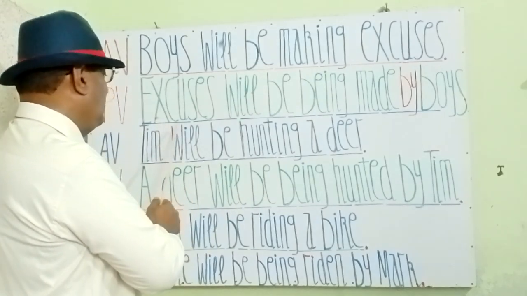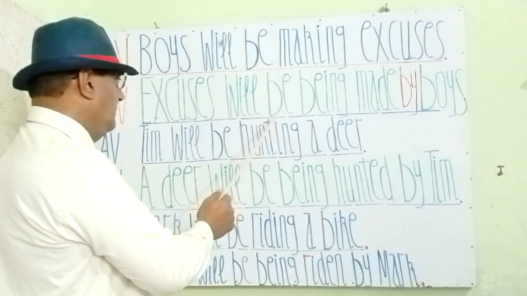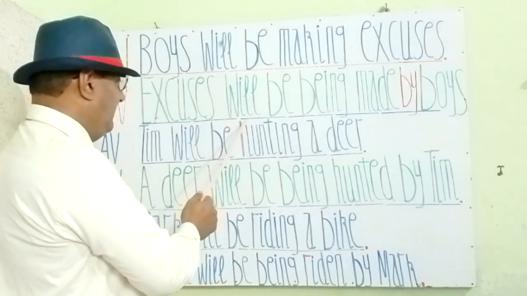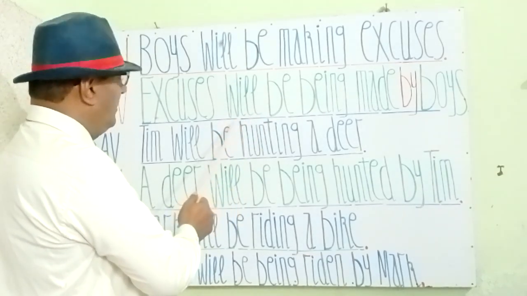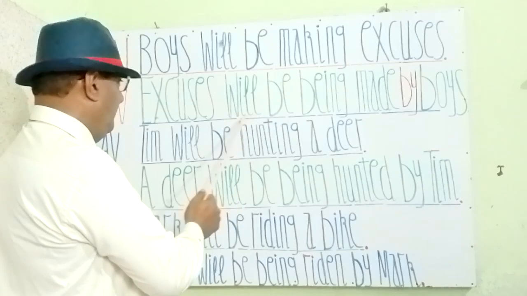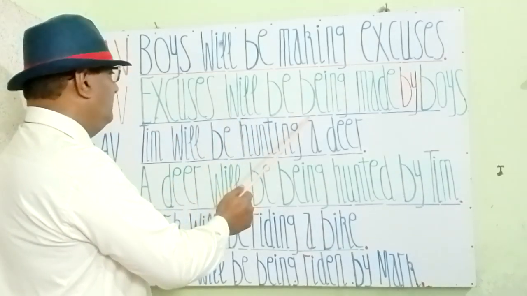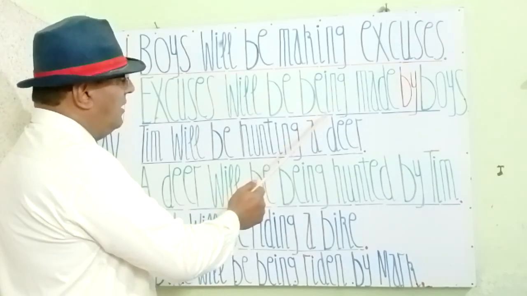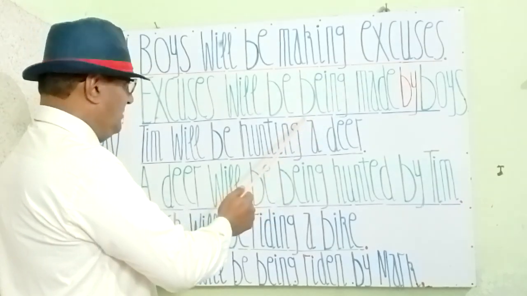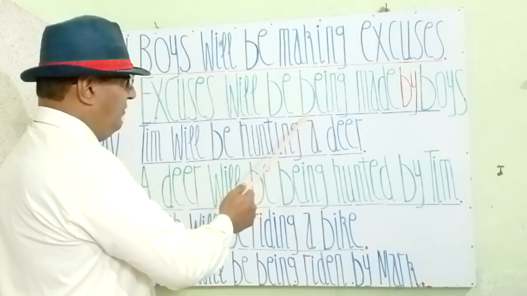So excuses, then as per the tense, we will add will be for the future continuous tense. Excuses will be, then being is to be added as we change this future continuous in passive.